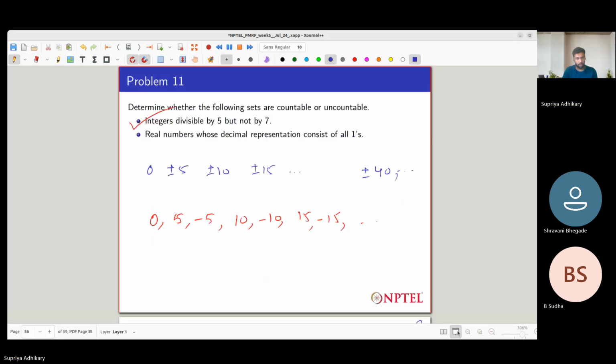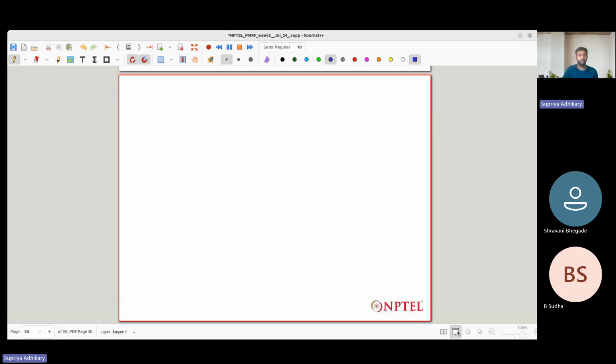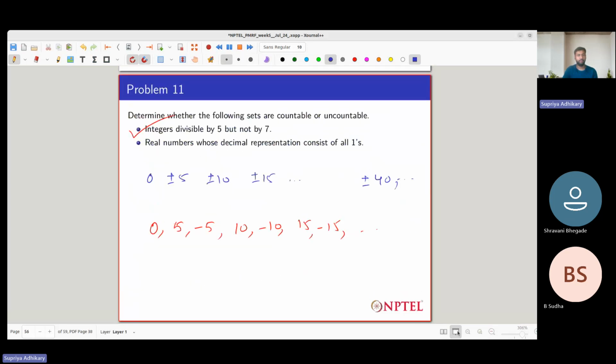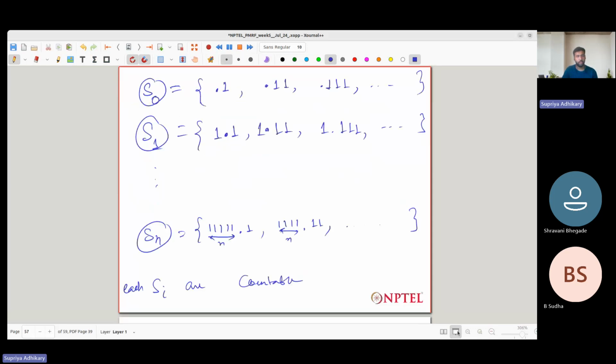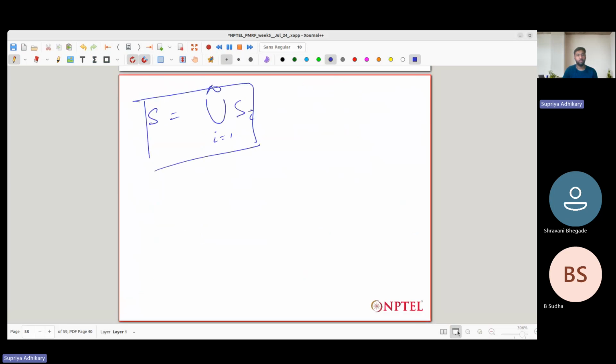And what we are given is the real numbers whose decimal representation consists of all ones. This is nothing but the set S, which is the union of all Si from i equals 1 to infinity. So this is the set that we are considering over here, and this is a countable union of countable sets. All the Si are countable sets, and we are taking the countable union.